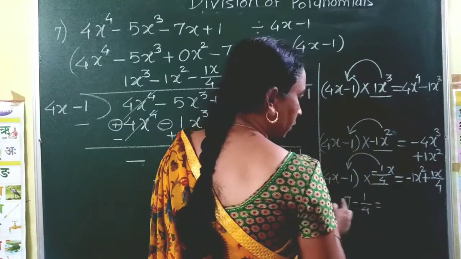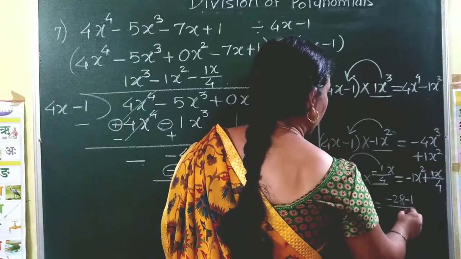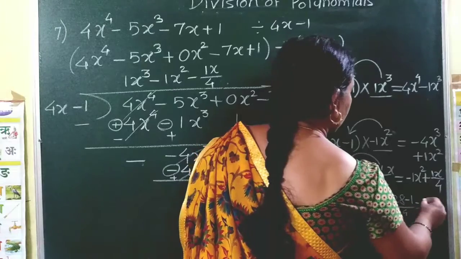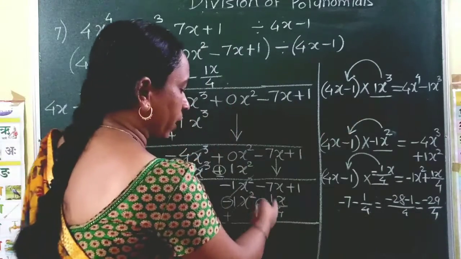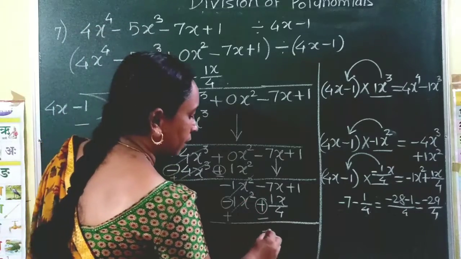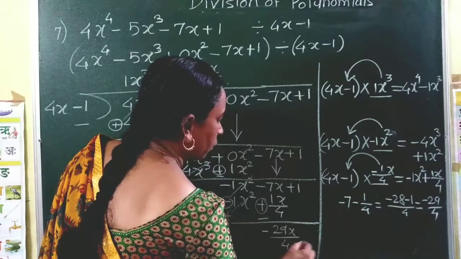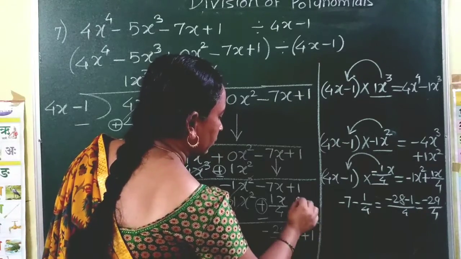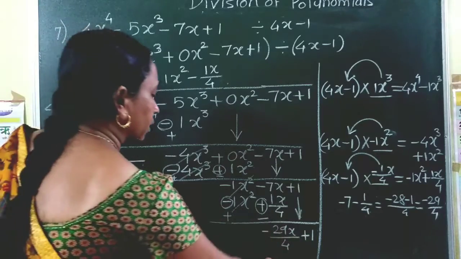So 7 4s are 28, minus 28 minus 1 upon 4. That means what is the answer? Minus 29 upon 4. Means their subtraction or addition is minus 29x upon 4 plus 1 will be as it is down.